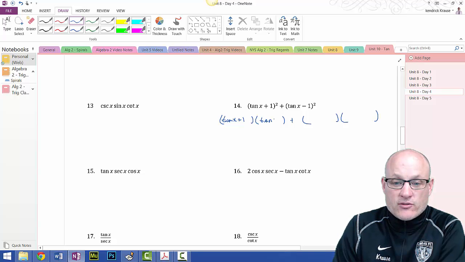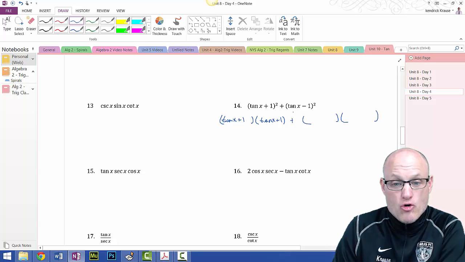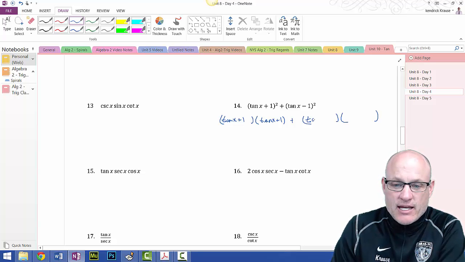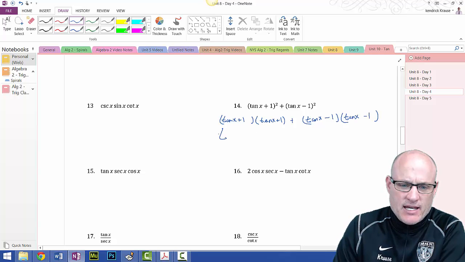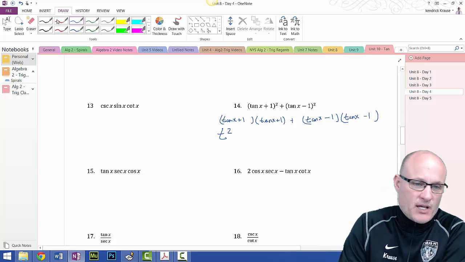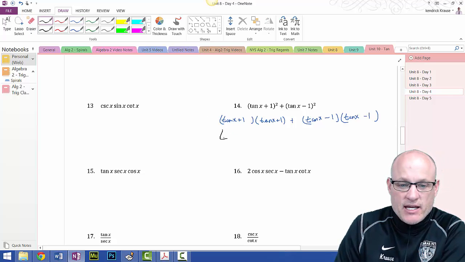Tan x plus 1. I always have that kid who goes, let's just do tan squared x plus 1. Yeah, right. Tan x minus 1. So this gives me tan squared x plus 2 tan x.